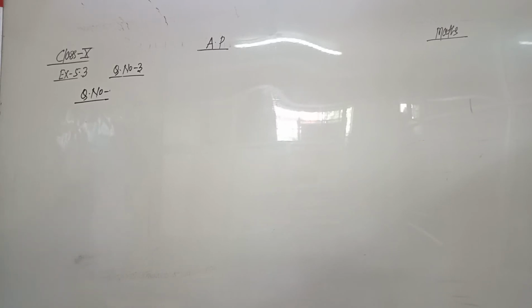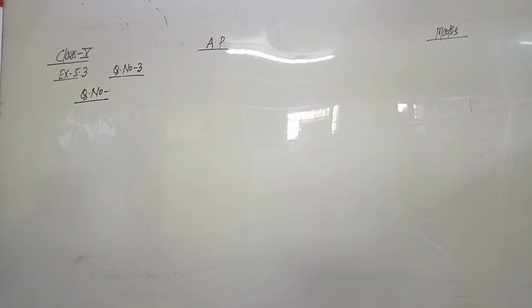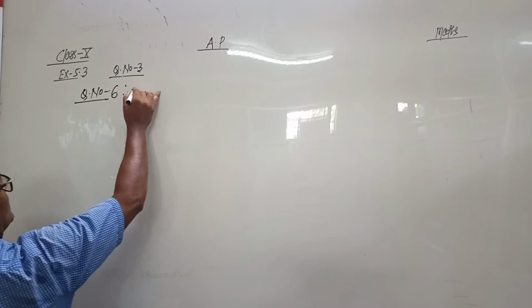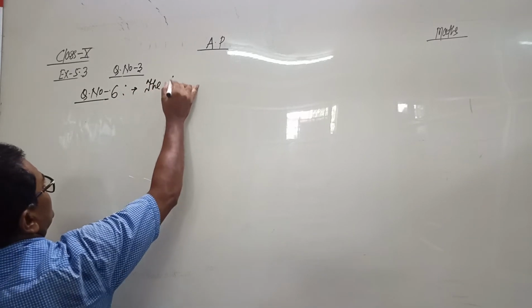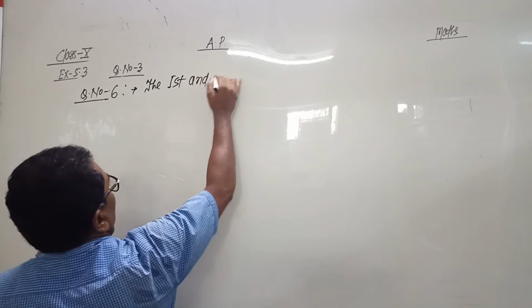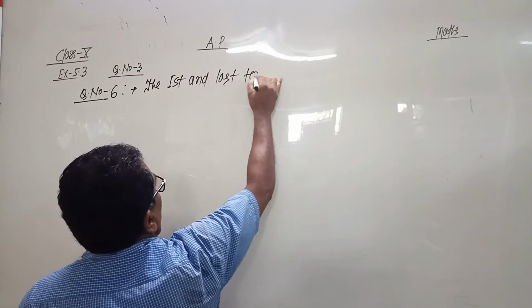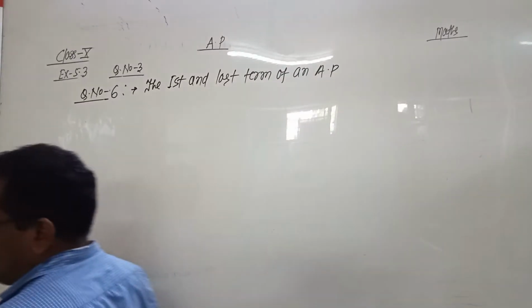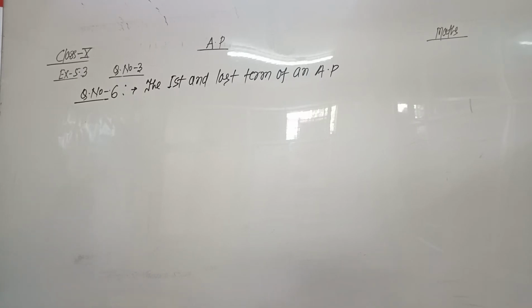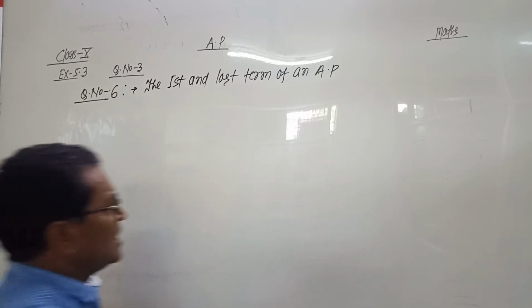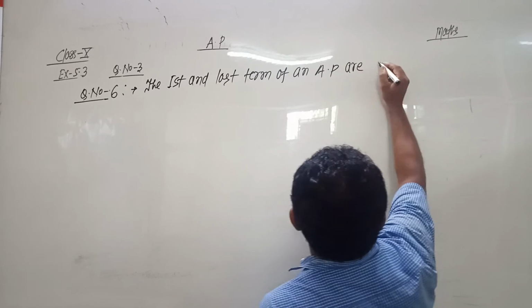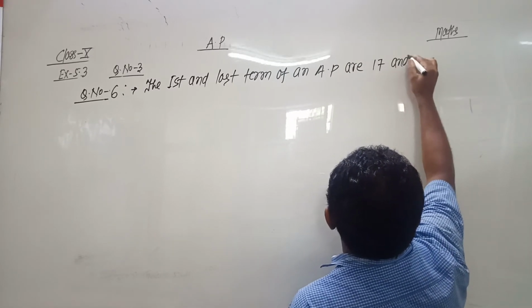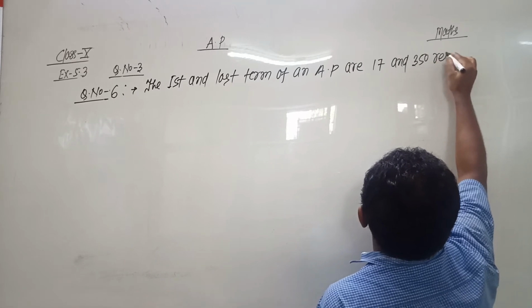Now, question number 6. The first and last term of an AP are 17 and 350 respectively.